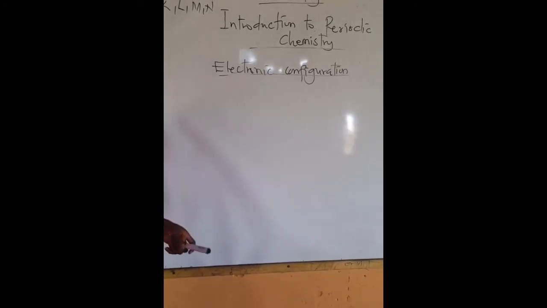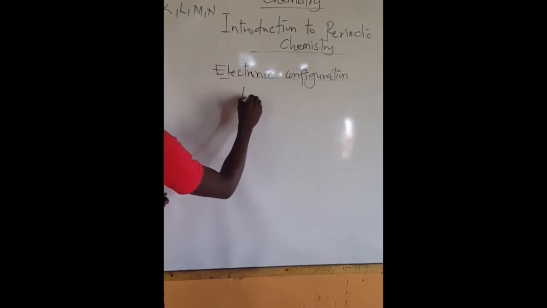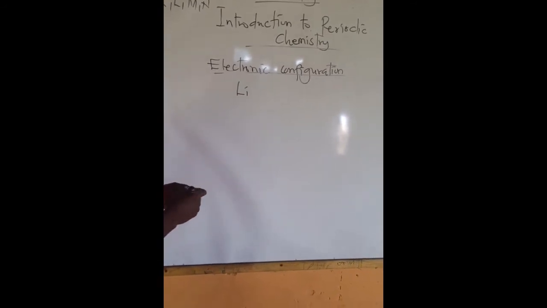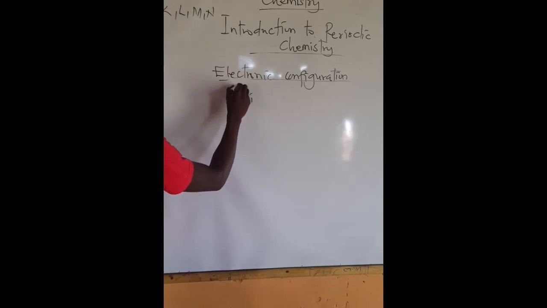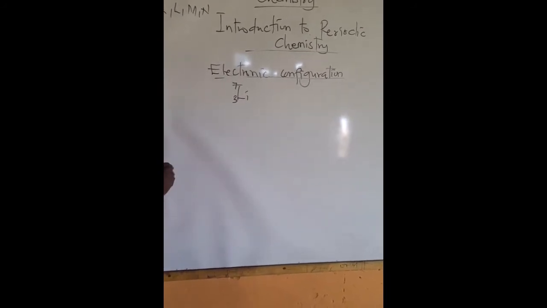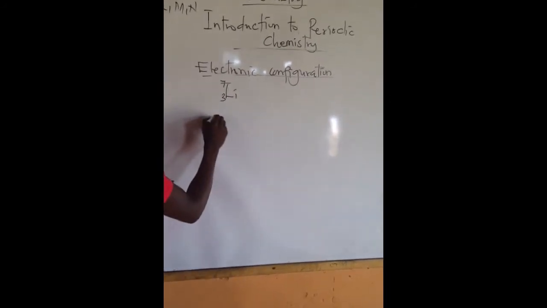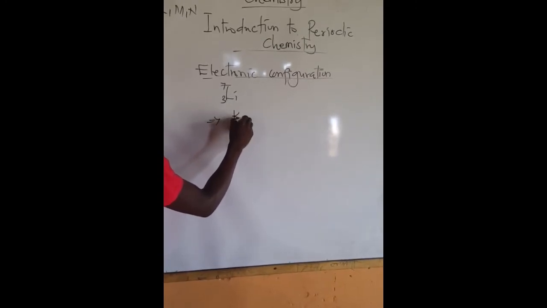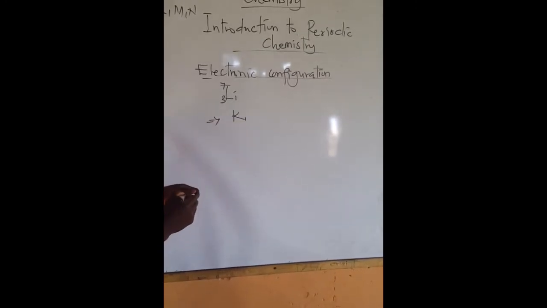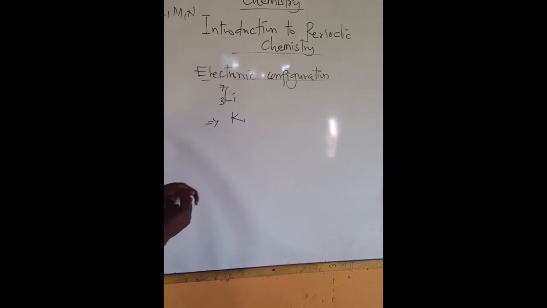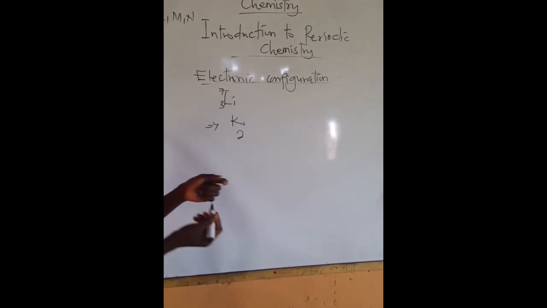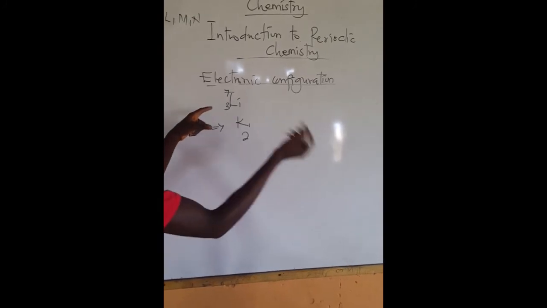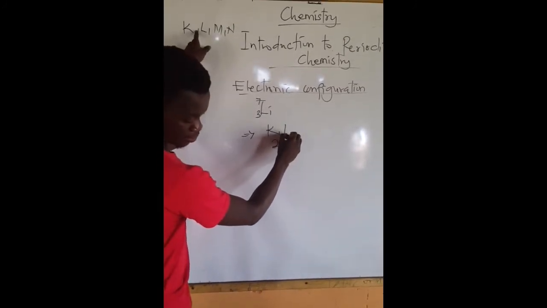Now let's move on to another example. Let's take lithium. For lithium, the atomic number is 3 and the mass number is 7. So for lithium, we are going to have our K shell. How many electrons are we going to have on the K shell? 2. Then you'll be left with 1, and the 1 moves to the L shell.